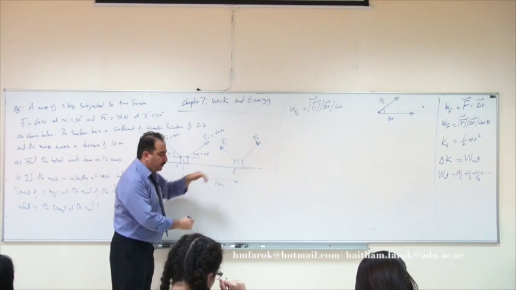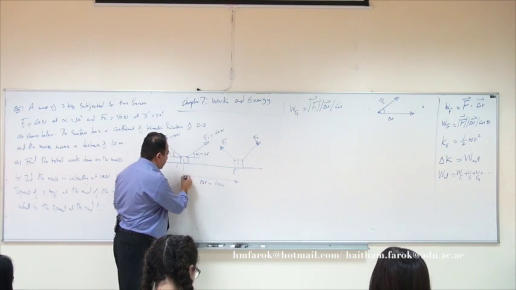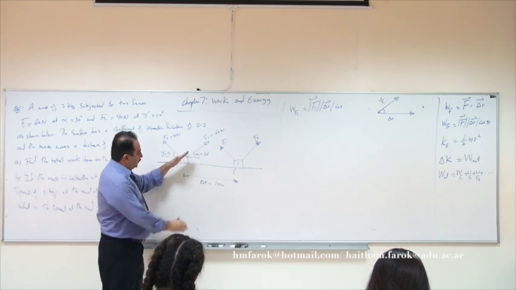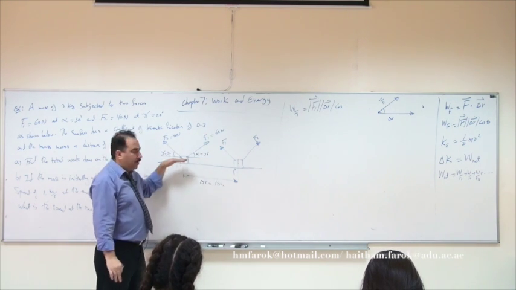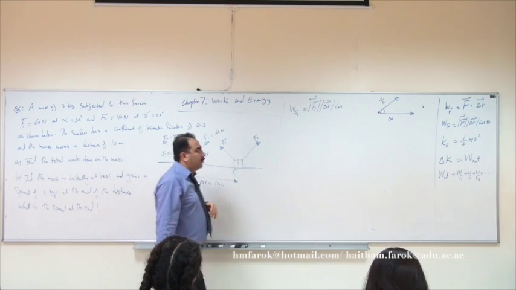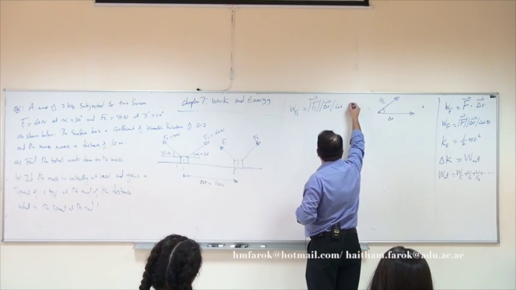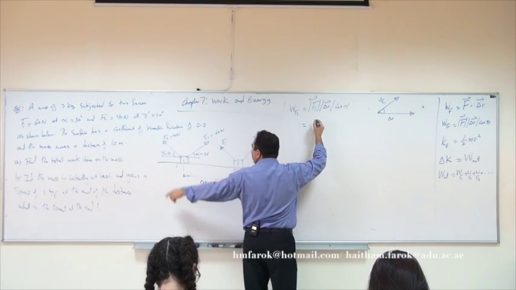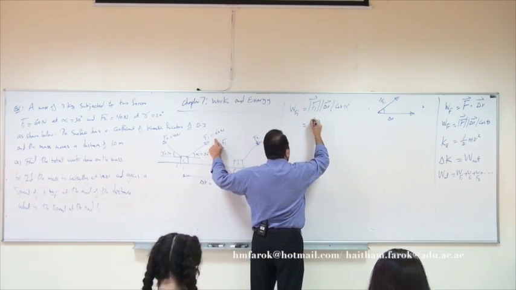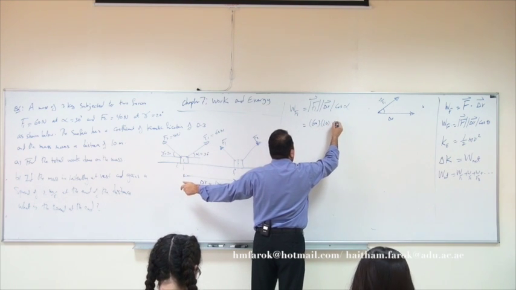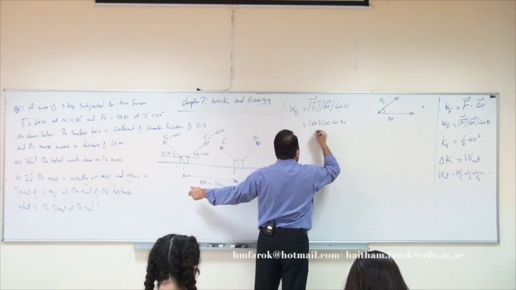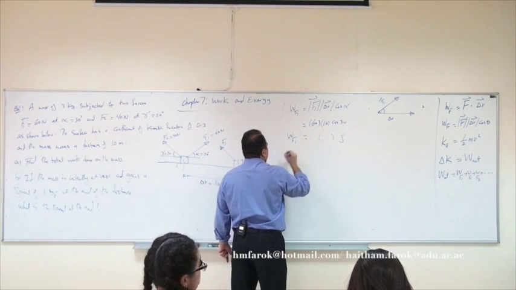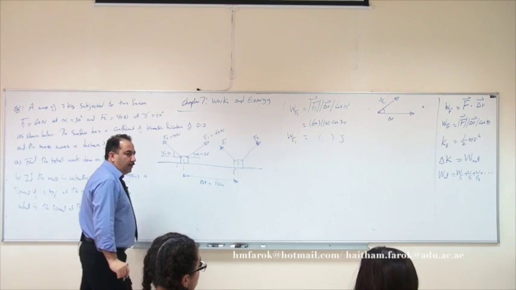Start from here, finish there. And this is F1. So the angle is the same. So what do you put here? Cosine what? Alpha. Now let's substitute. What is F1? 60. Delta R. Cosine. Okay. You can do it now and you find how many joules. This is W F1. Now you move to W.